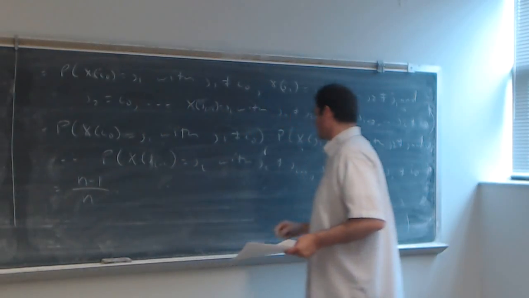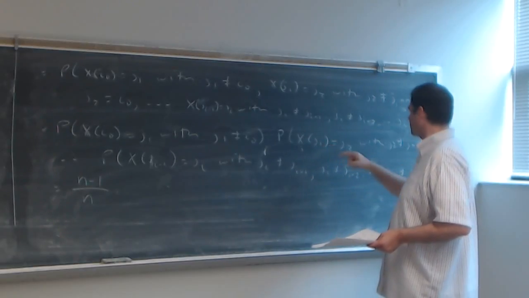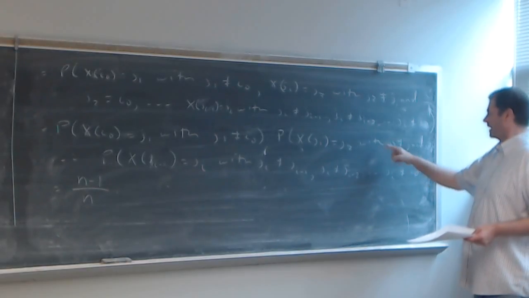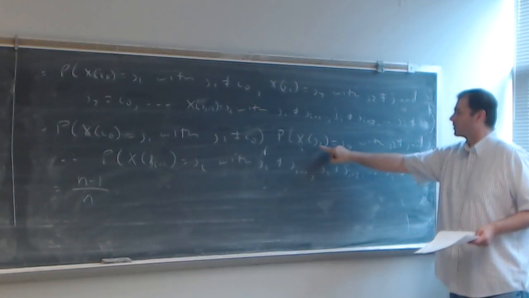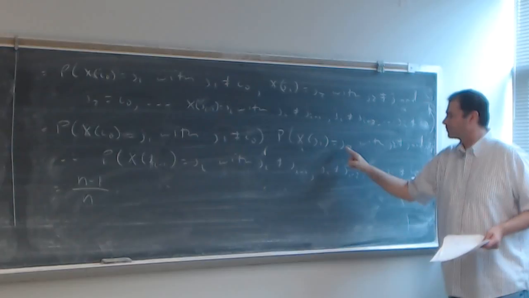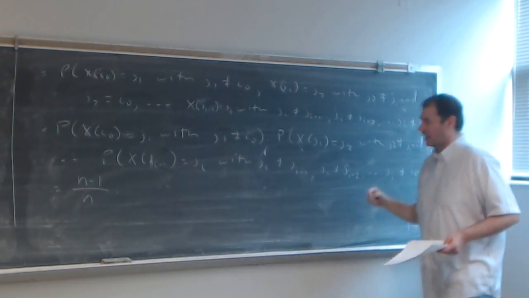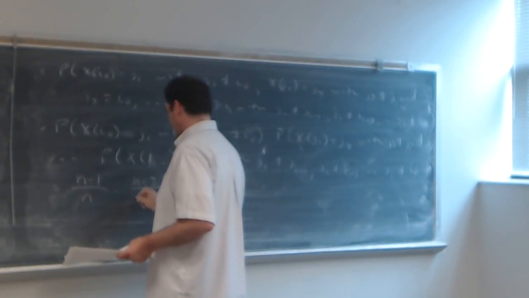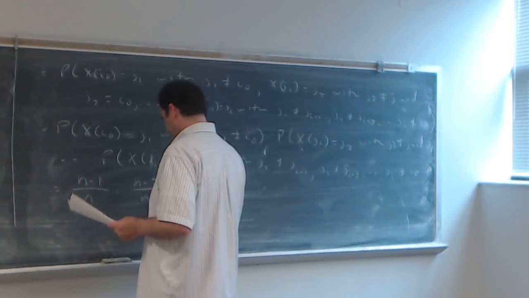And once you know that that's happened, what's the chance that x of j sub 1 is sent to something different than j sub 1 and I sub 1? Well, that means there are n minus 2 nodes that it could be sent to, all of them equally likely to be chosen, over n.